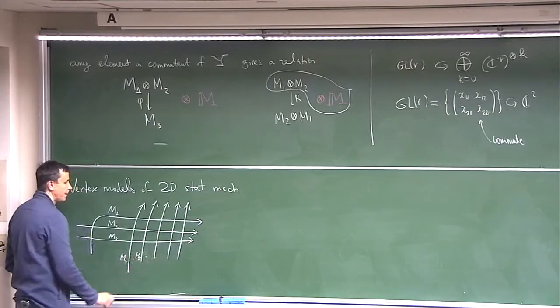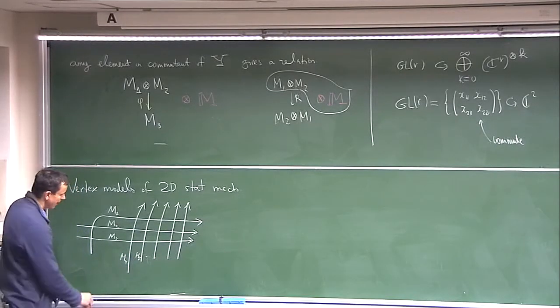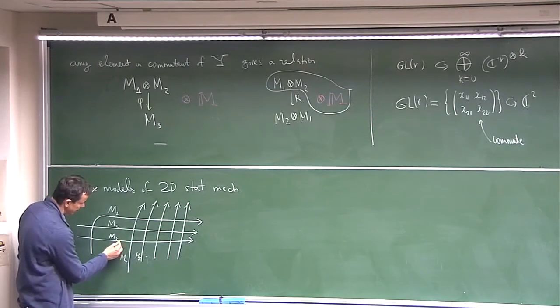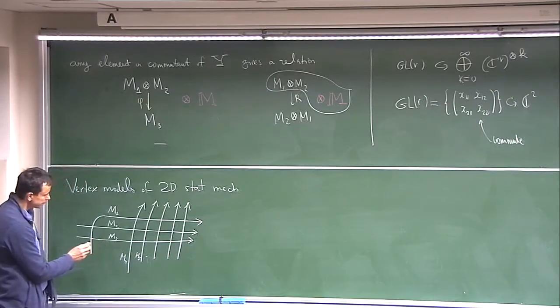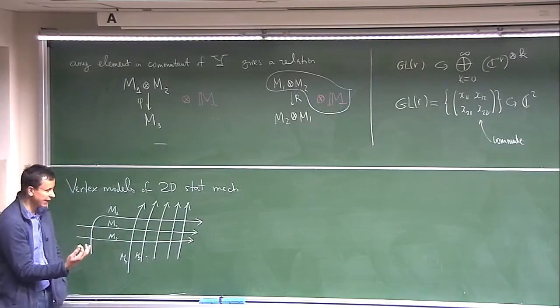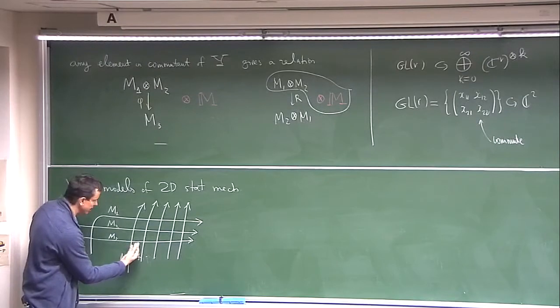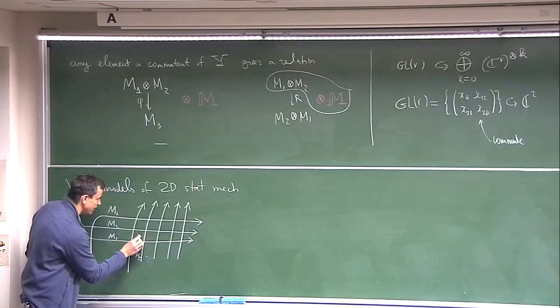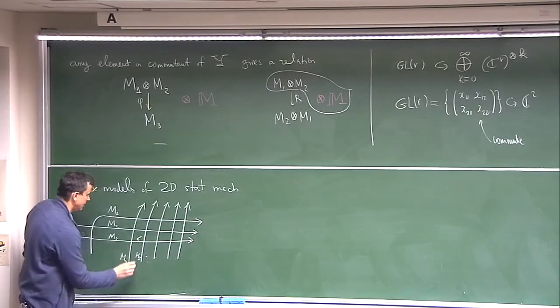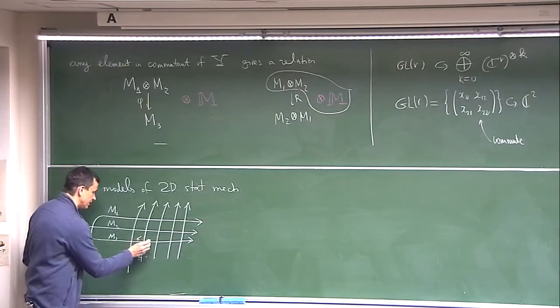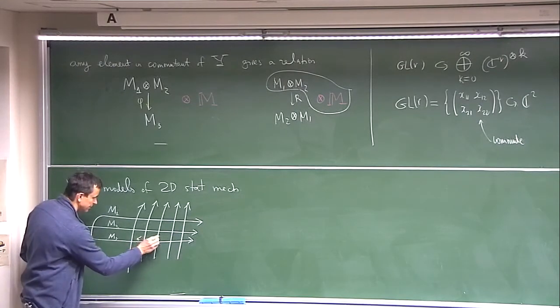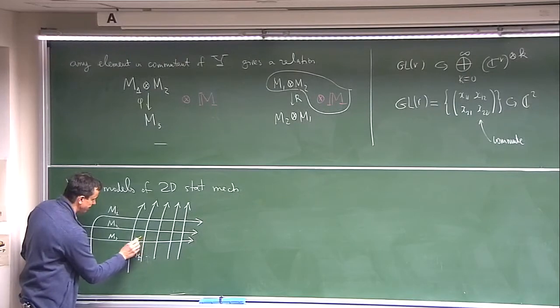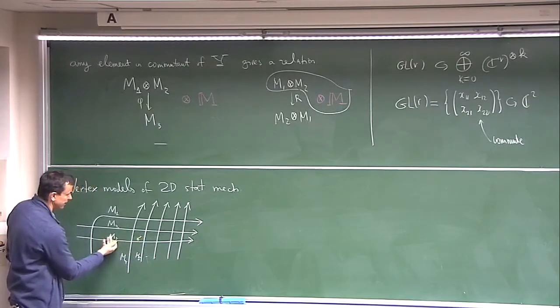The representation corresponds to a line, but the variables live on an edge. For every edge, from here to here, lives some variable, we call it sigma of this edge, and then there's some other sigma on the next edge. Each takes a value in this representation.